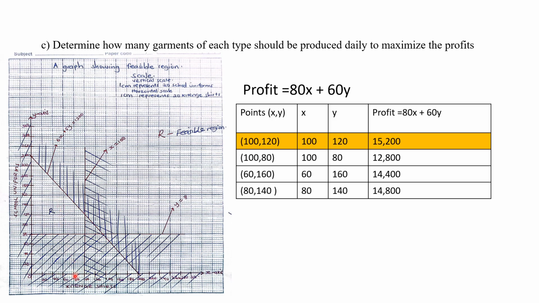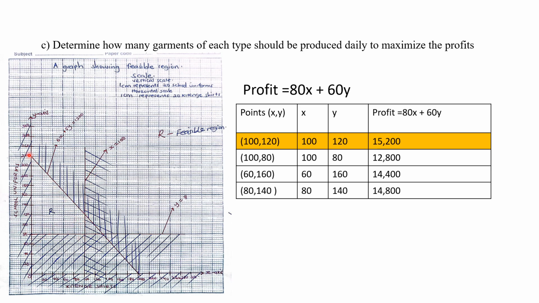Then I have 80 and 140 also still in the region. So this is the feasible region. Now use those points and make sure that when you are looking for a point that will give you the maximum value, you have to pick a point which is very far from the origin, especially at the point of intersection for different lines or the vertices.